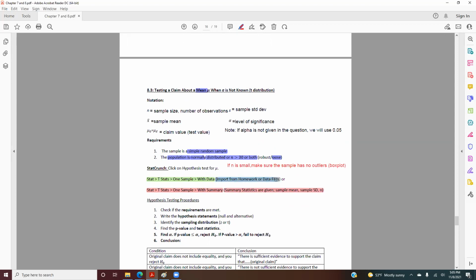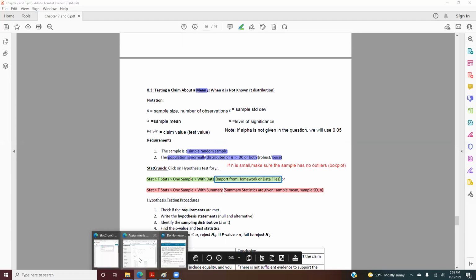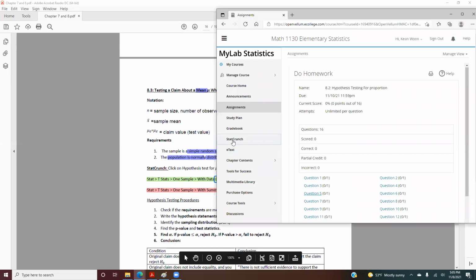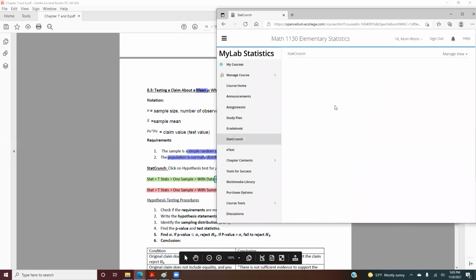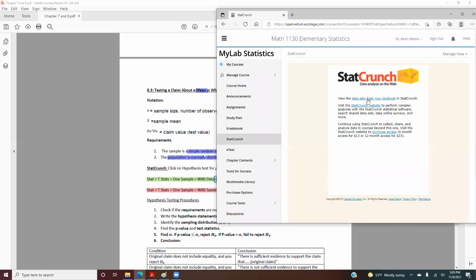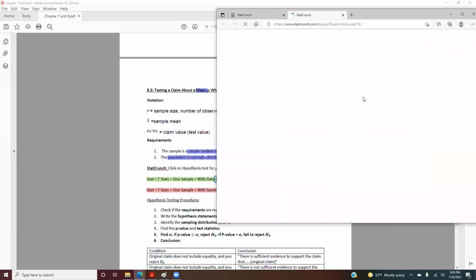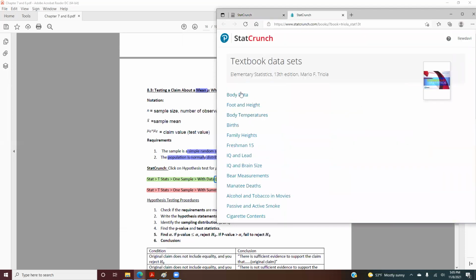What is the meaning when you want to use with data? With data means that the question already provides you the data set, or you import it from your homework, or you use one of those data sets given in the questions. Remember, when you go to StatCrunch, you got the data sets like the bears and the body data from the textbook.